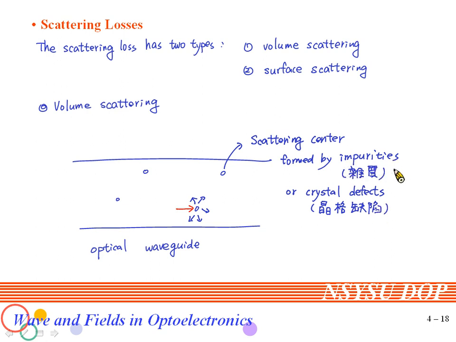The impurities or crystal defects during the fabrication process will form small points in the optical waveguides, and then the EM wave will hit this small point, or the scattering center, and some of the light power will be scattered out from the optical waveguide.